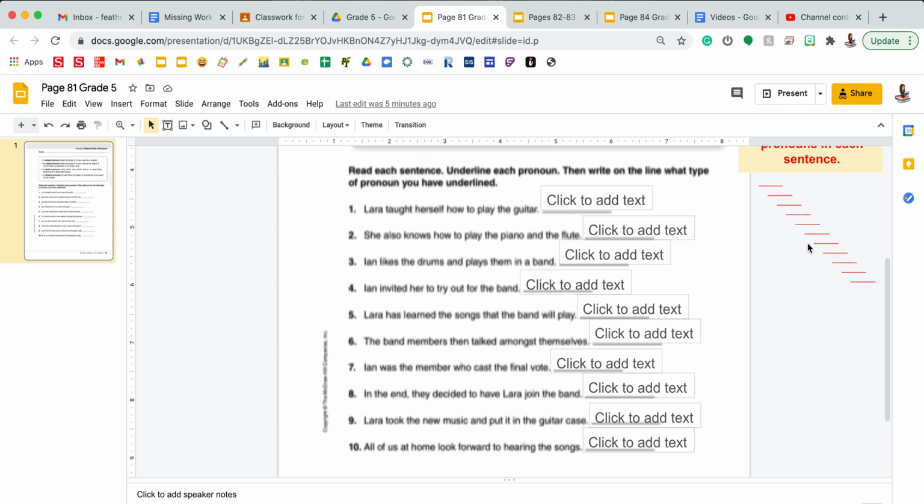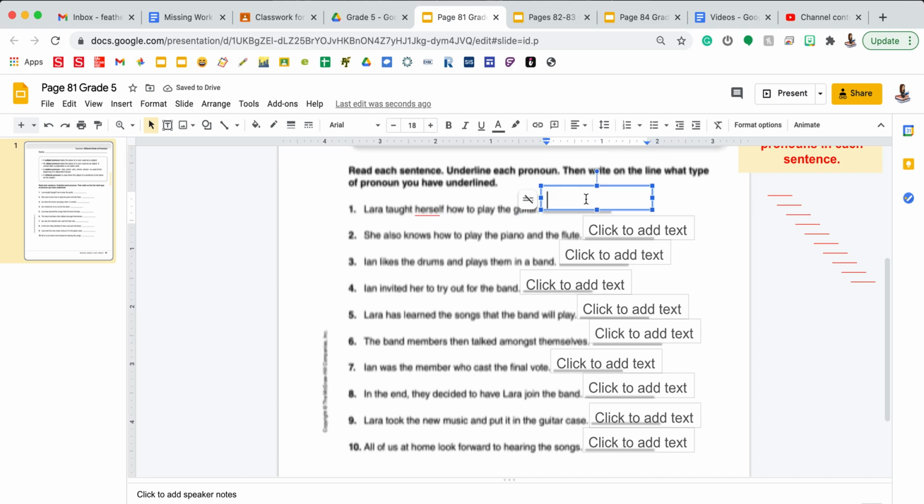Number 1 says, Laura taught herself how to play the guitar. I see that the pronoun in this sentence is herself. And like I stated before, when you have a pronoun that ends in self or selves, it is reflexive.